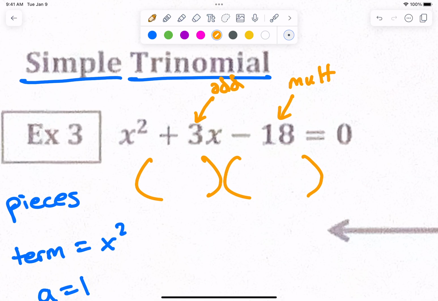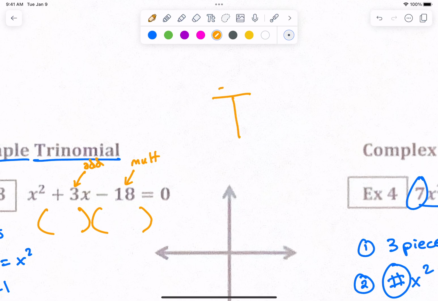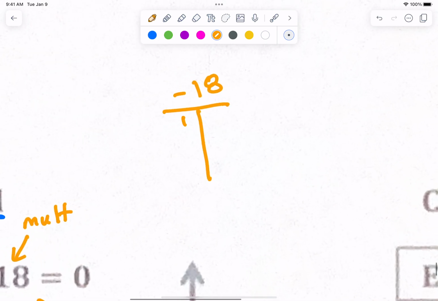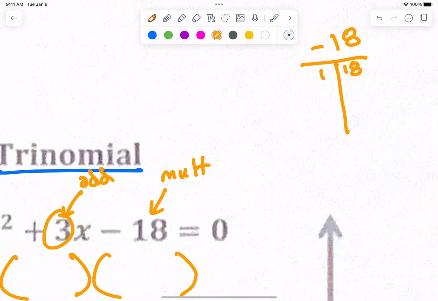If you are stuck and you don't know right away, let's make a chart. I want numbers that multiply to give me negative 18. So I have 1 and 18, which is obviously not it. If I add those together, will I get 3? No. 2 and 9. Can I get 3? No. 3 and 6. Can I add those together in such a way that I get 3? One of them will have to be negative.